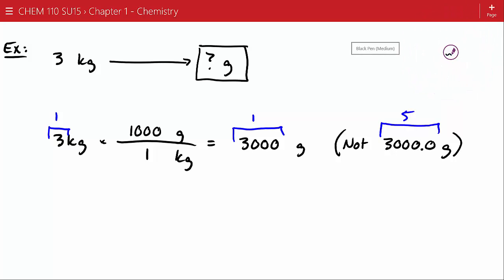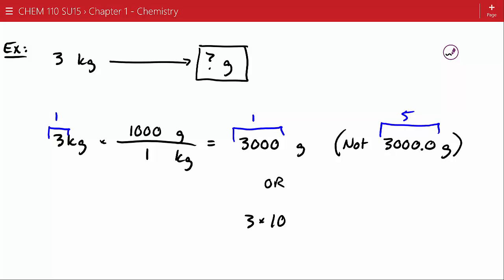Another way we could write this would be to do scientific notation, which would be 3 times 10 to the what? If we wanted to write 3,000 in scientific notation. 10 to the third. So we can imagine this invisible decimal point going 1, 2, 3.